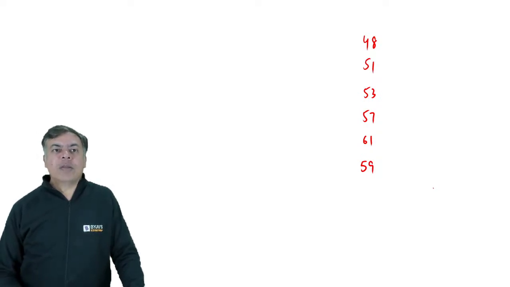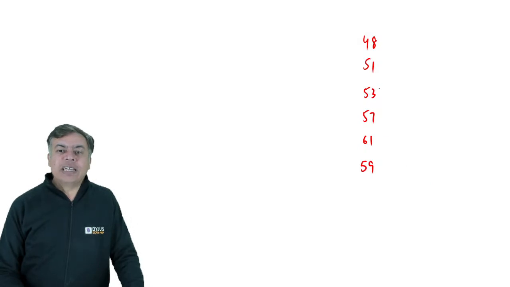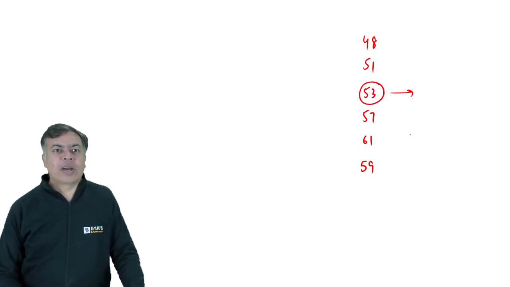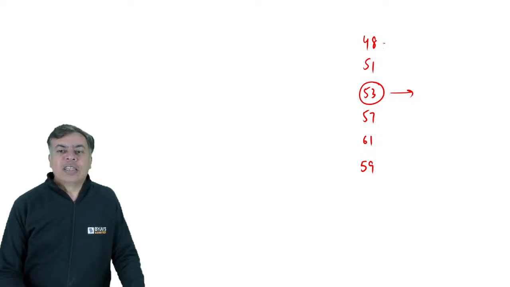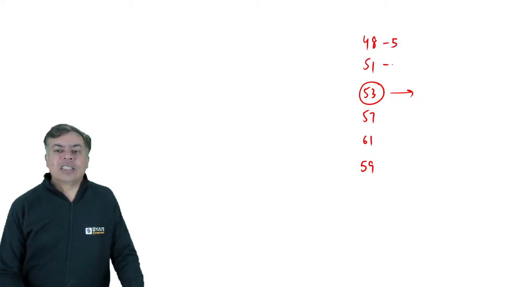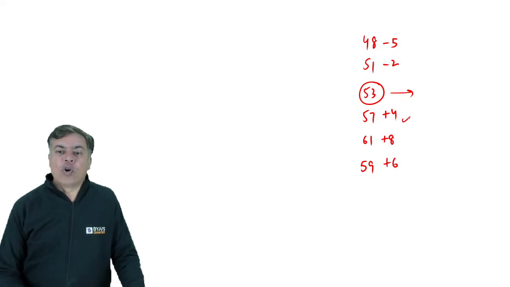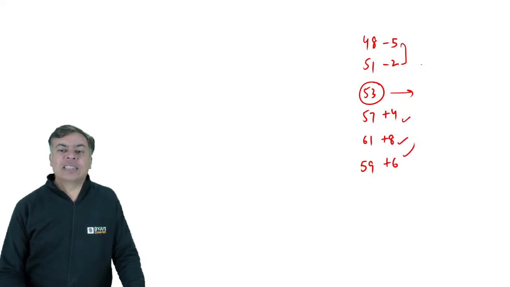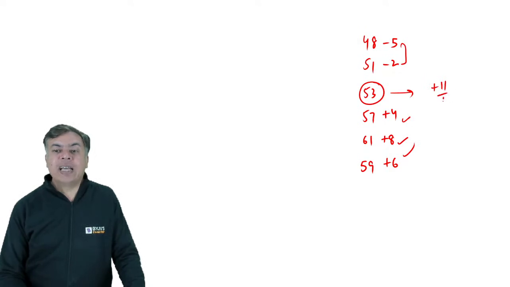My method is that you generally assume an average. Let's say 53 is the average. Then the deviations are -5, -2, +4, +8 and +6. So 4, 8, 12 and 6 is 18, minus 7 is plus 11 by 6.